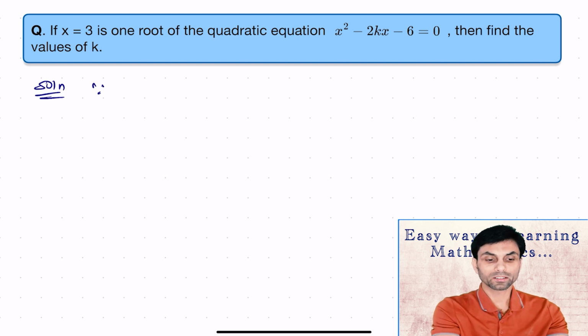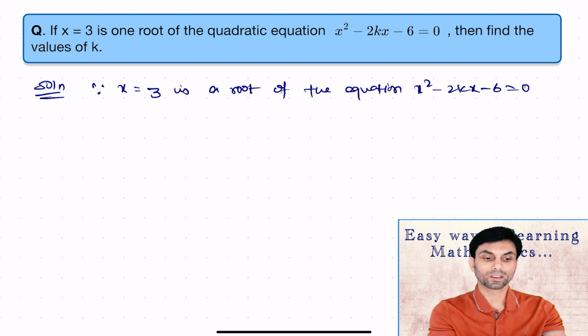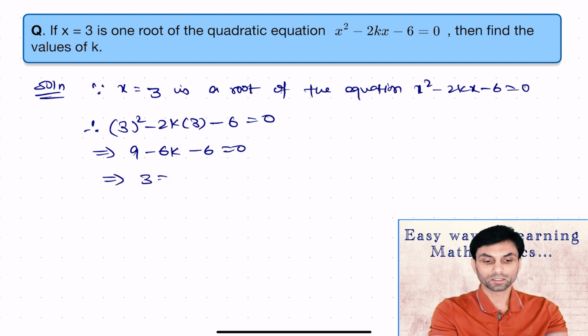So in this case we'll say, since x equals 3 is a root of the equation x square minus 2kx minus 6 equals 0, therefore 3 square minus 2k into 3 minus 6 will be equal to 0, which will be 9 minus 6k minus 6 equals 0, and we'll get here 3 equals 6k, so k will be equal to 3 upon 6, which will be half.